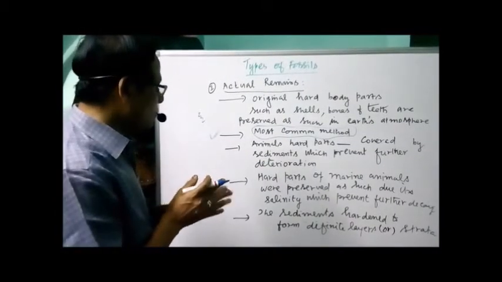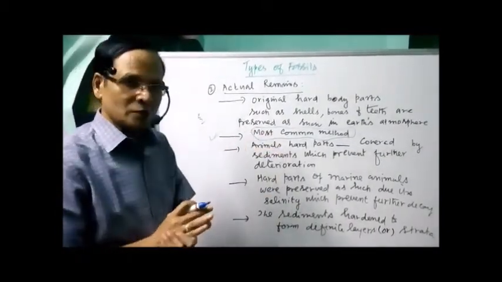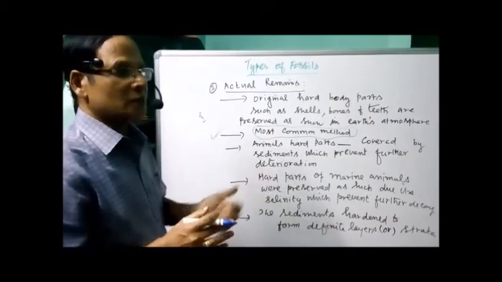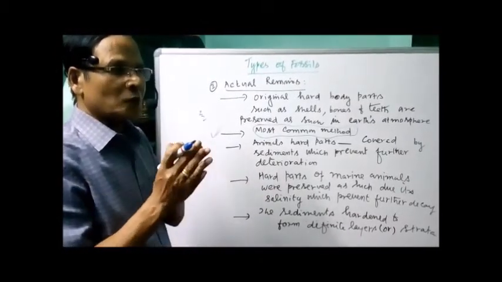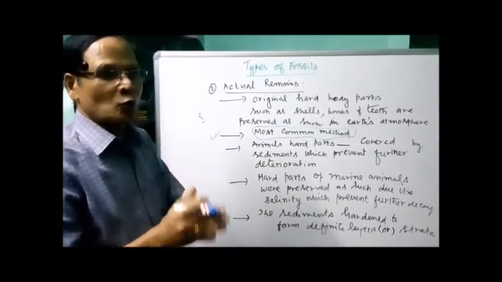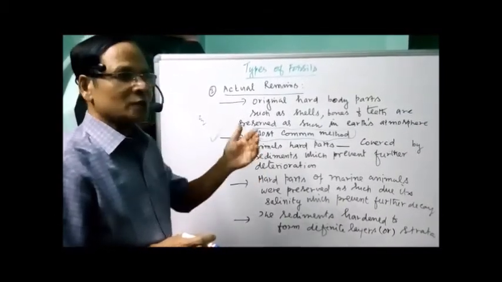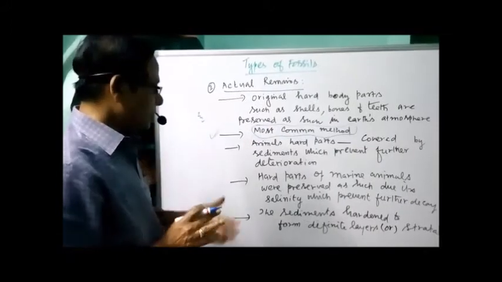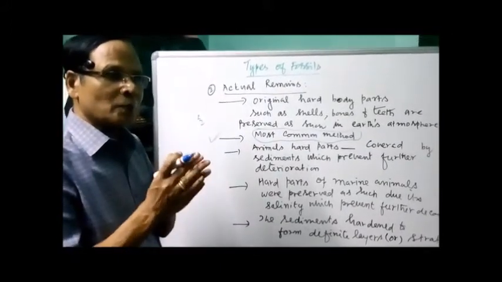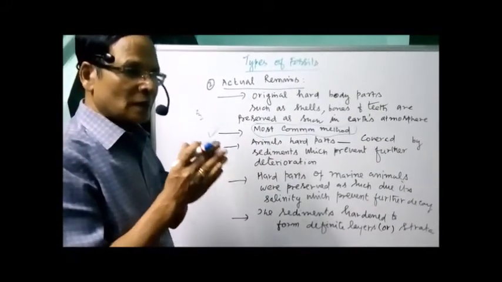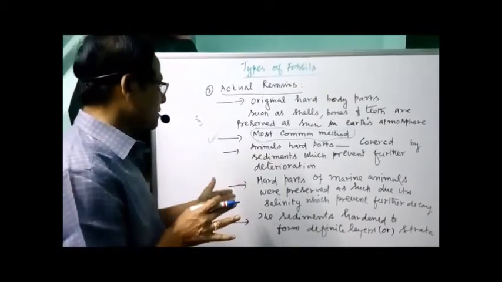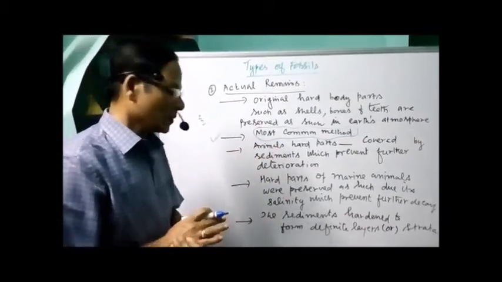What is the reason why more animals get preserved in marine water? It's salinity, that is, the amount of salt present in 1 kilogram of water. So the salt is acting as a preservative, so that even though the animal died, its hard parts are preserved as such. This is because of the salinity of the marine water.